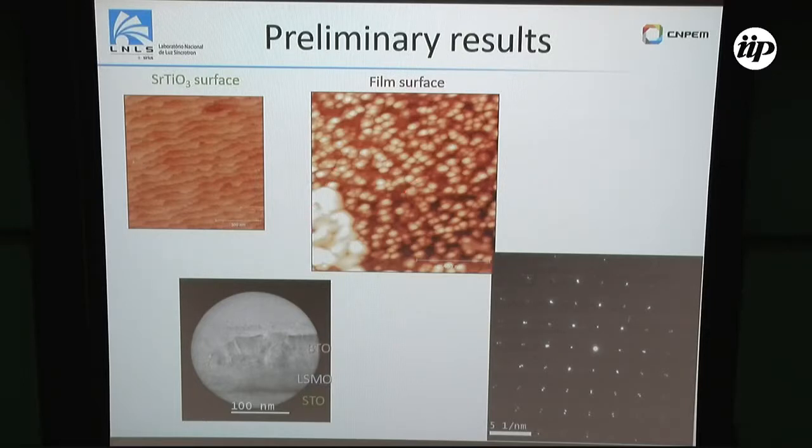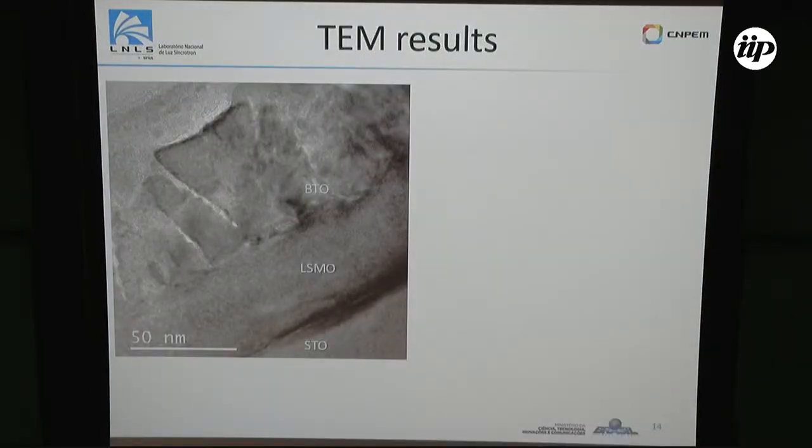From the transmission electron microscopy, actually from the electron diffraction, we can see that our growth is epitaxial. And when we look more at the transmission electron microscopy results, we can see that after we start to grow our barium titanate, we have this kind of island in our sample.